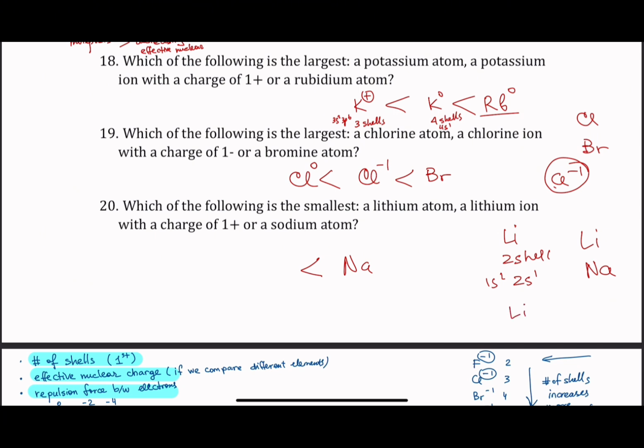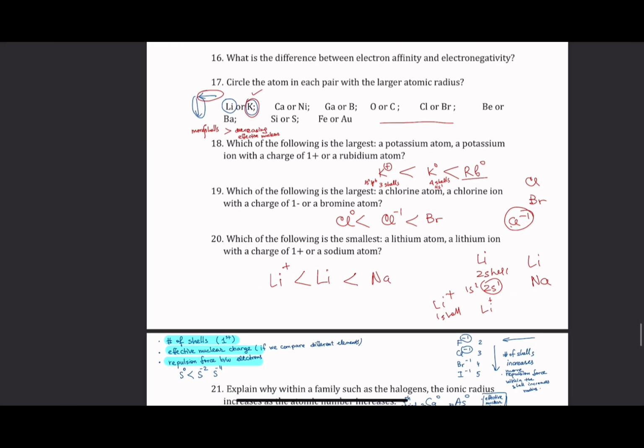And when the lithium ion appears, this 2s1 is gone, so the lithium ion will have only 1 shell. So that's why the lithium ion will be the smallest, and then it will be lithium and like that. So it should solve your atomic and ionic radius questions like this.